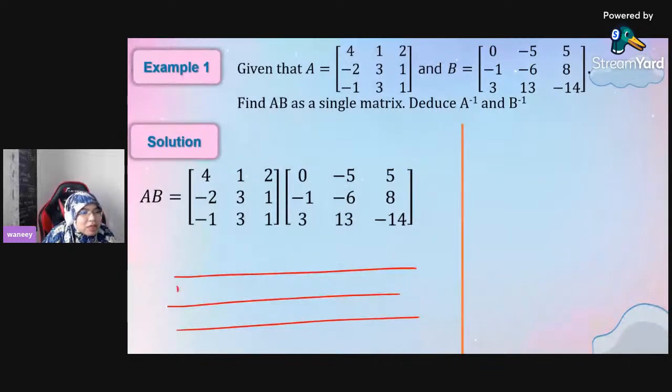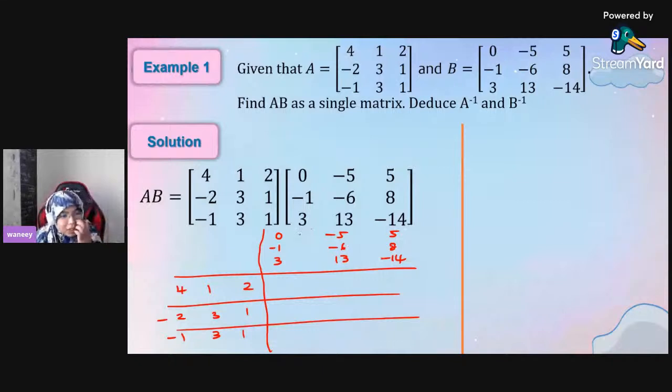This one is 4, 1, 2, negative 2, 3, 1, and then negative 1, 3, 1. The columns are 0, negative 1, 3, negative 5, negative 6, 13, 5, 8, negative 14.